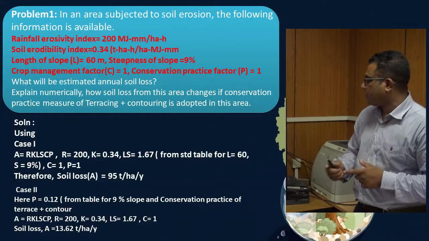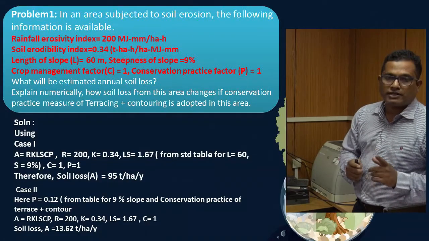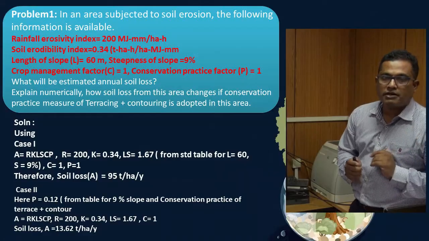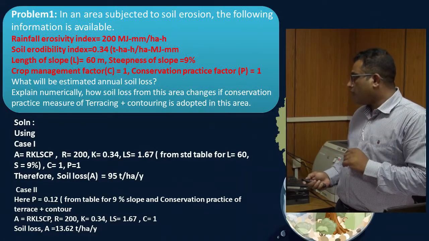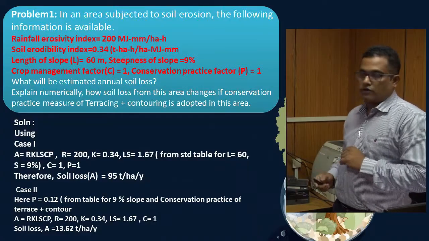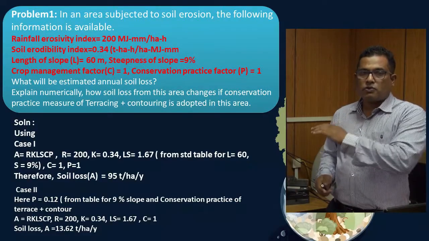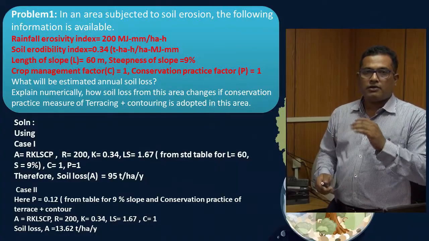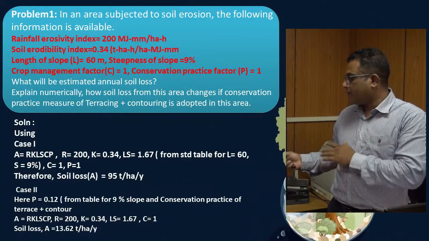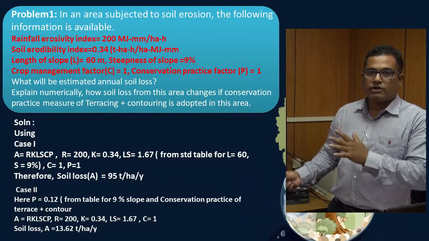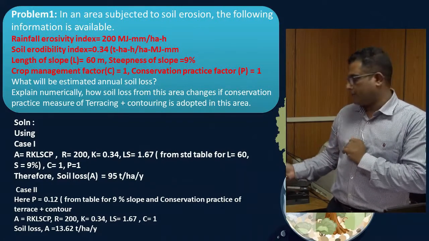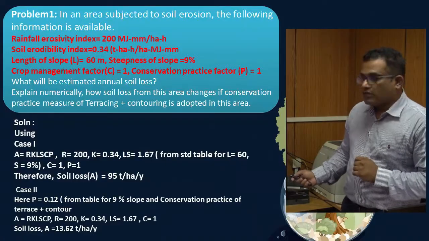And conservation practice factor P is also 1. That means there is no conservation practice being followed. Now, what will be the estimated annual soil loss? You have to determine through this USLE, universal soil loss equation, the average annual soil loss in ton per hectare. And that is the first part of the question.